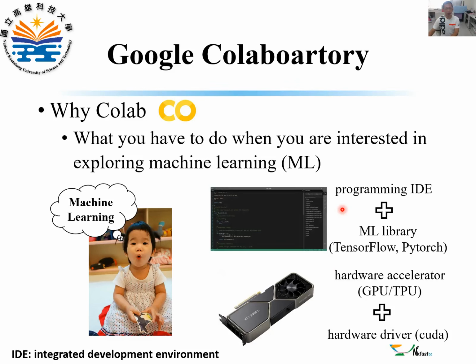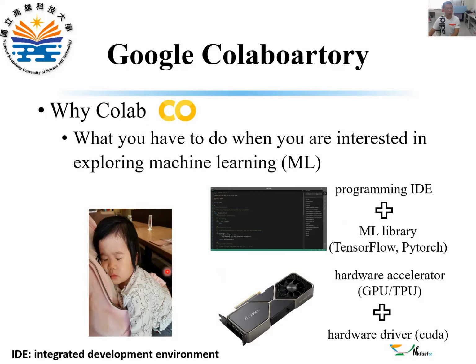After that, you have to install the programming IDE that you favor and the libraries for machine learning, such as TensorFlow or PyTorch. After figuring out all install errors and completing system setup, you may lose your passion in machine learning.